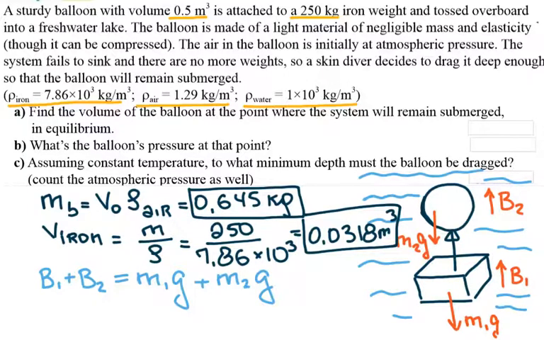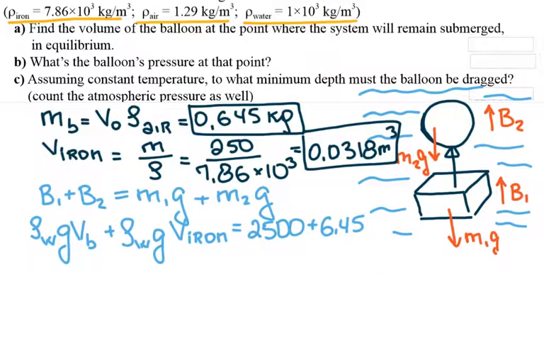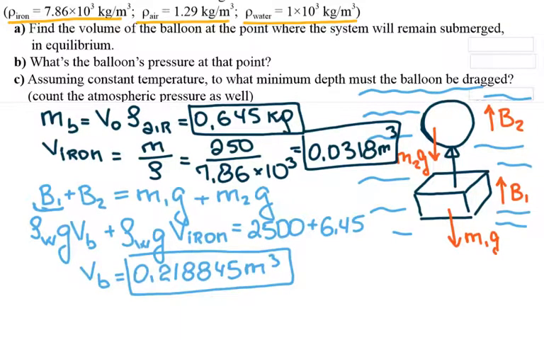And what I will get is the weight of the water that's being displaced by the balloon, which is the density of the water times g times the volume of the balloon, plus the density of the water times g times the volume of the iron. And from here I'm going to be able to calculate the volume of the balloon, and I get 0.218845 meter cubed.